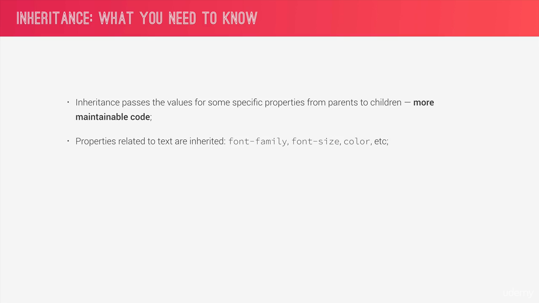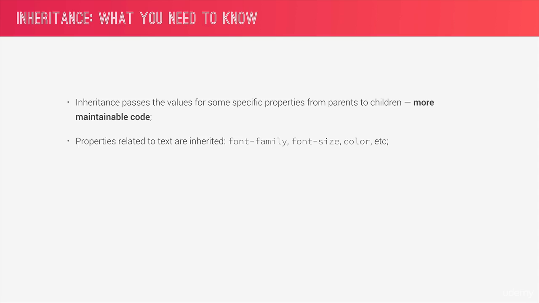Now, in the specification for each and every CSS property, you will find if the property is automatically inherited or not. As a rule of thumb, properties related to text are inherited, so properties like font family, font size, color, etc. Other properties like margins or paddings are of course not inherited, because that would just be extremely impractical.